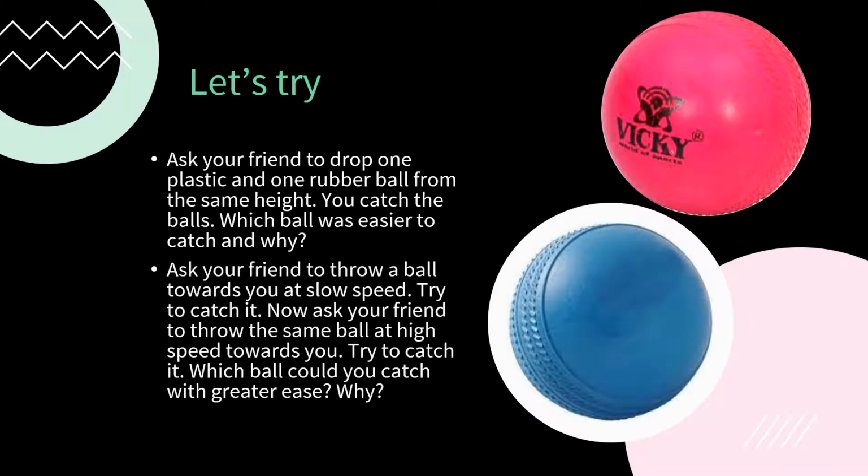Ask your friend to throw a ball towards you at a slow speed. Try to catch it. You know that it is going to be easier. Now ask your friend to throw the ball at high speed. Try to catch it. Which ball could you catch with greater ease? Of course, the ball with a slow speed. With so much speed, it may not be easy to catch the second ball.